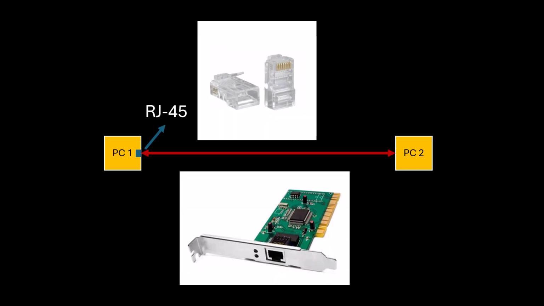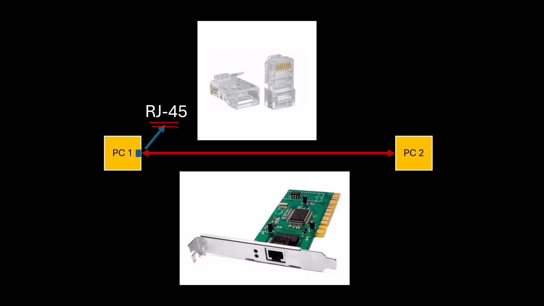Right now we learned that each device should have a network interface card to be able to connect to the network. Now the cable cannot be directly connected to our network interface card. To be able to connect to the network interface card, we need a connector. And the connector that will be used for our networking cable is called RJ45.